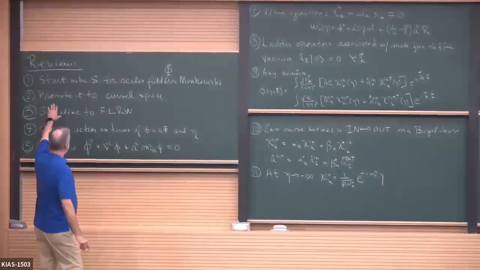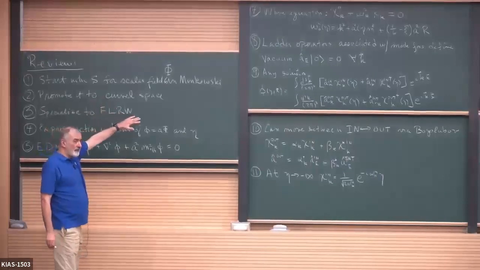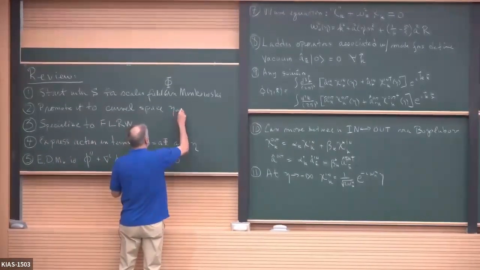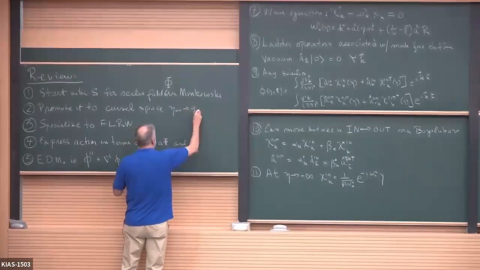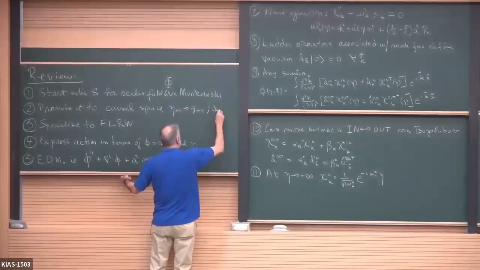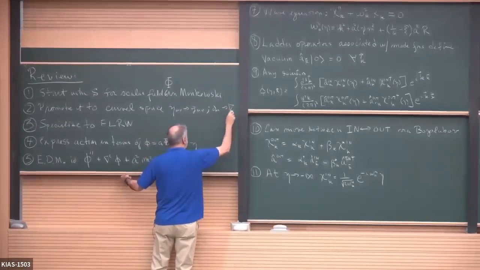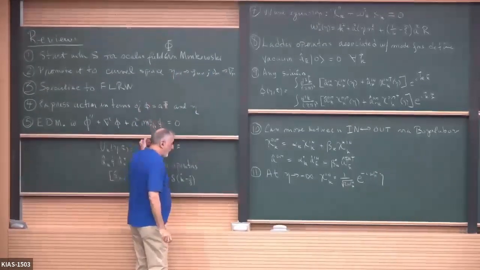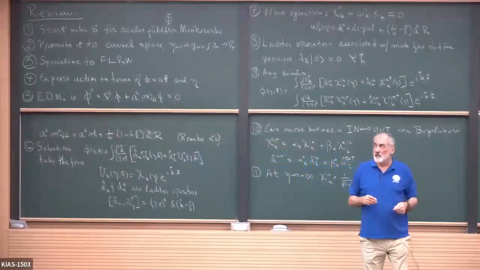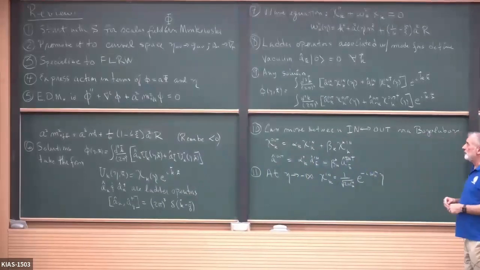Then we promoted this action to curved space, and eta mu nu goes to g mu nu, and derivatives go to covariant derivatives. Covariant derivatives of a scalar is just a normal derivative, but that's a prescription we're familiar with.